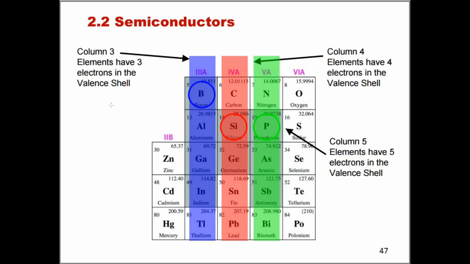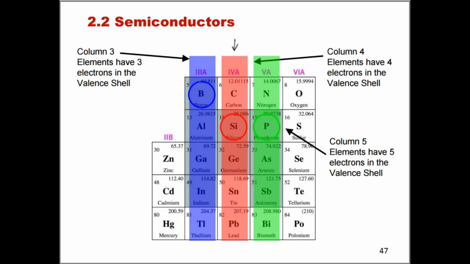In this slide, we can have a look now at the position of some known semiconducting materials, like silicon, for example. We can see that silicon is placed in the fourth group. So this means that silicon has 4 valence electrons.